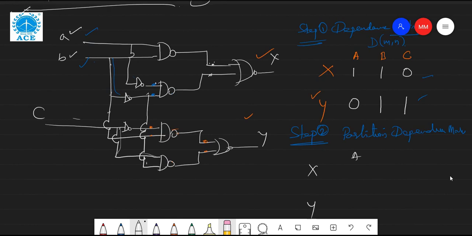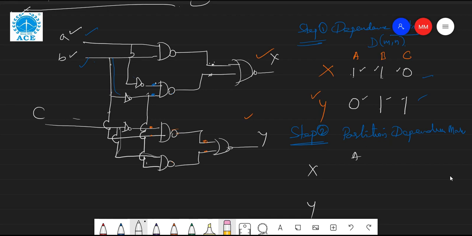See, I have these values, right? A is 1, B is 1, C is 0. In this case, for output Y, A is 0, B and C are both high, right? Now, how to take the partition: you need to make it in such a way that one is high, another is low, or one is low, another is high.